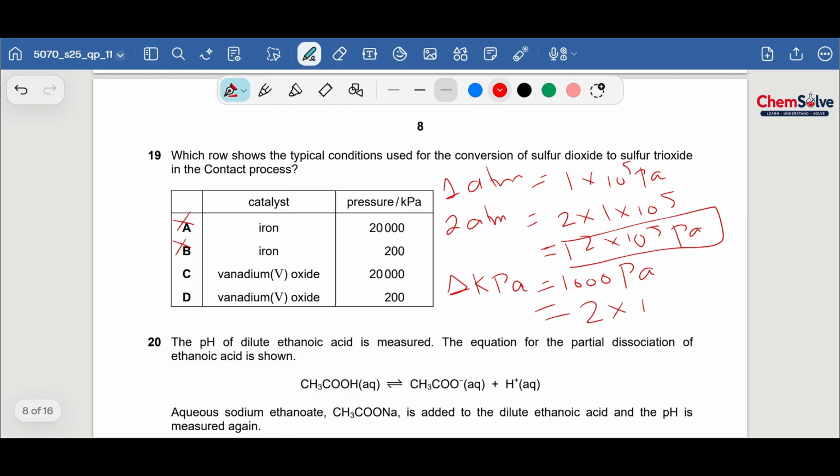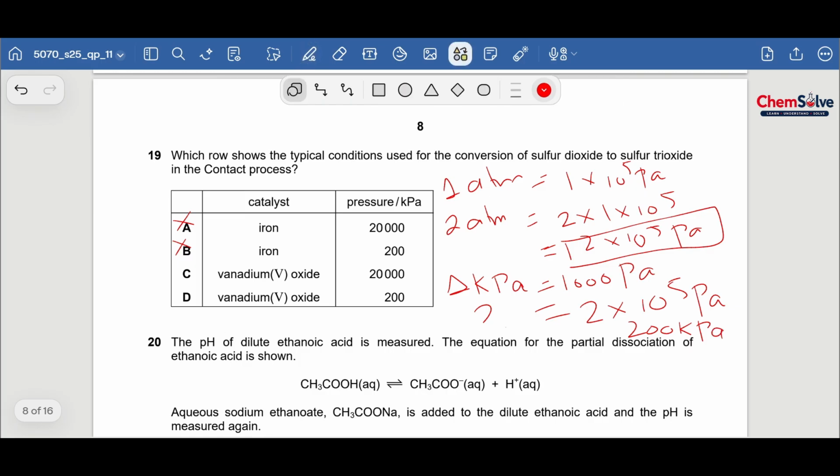So 2 into 10 raised to power 5 pascals would be how many kilopascals? We divide it by 1000, and in this way we get the answer 200 kilopascals. So the right option will be D here.